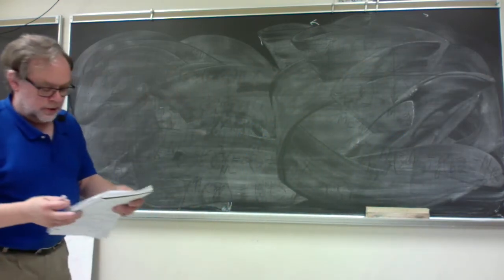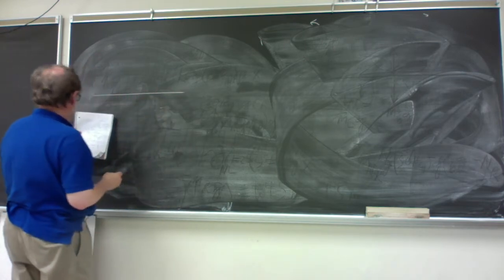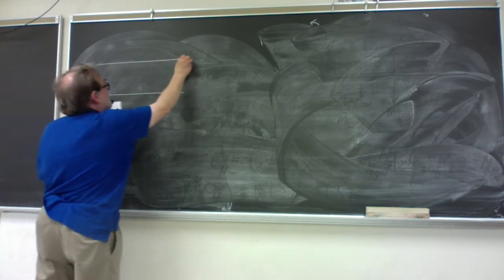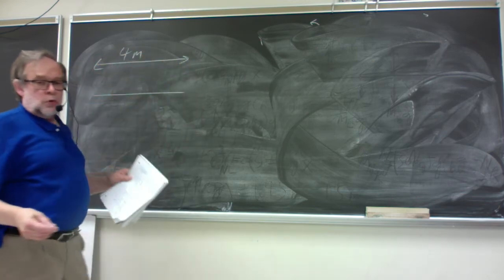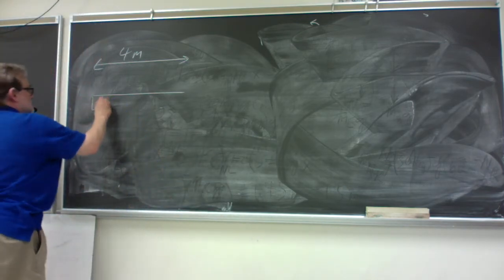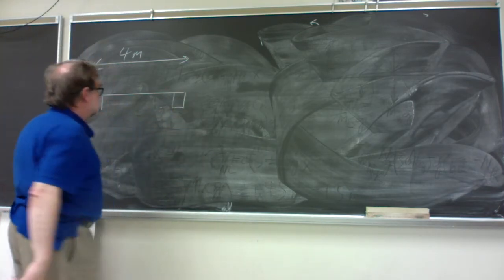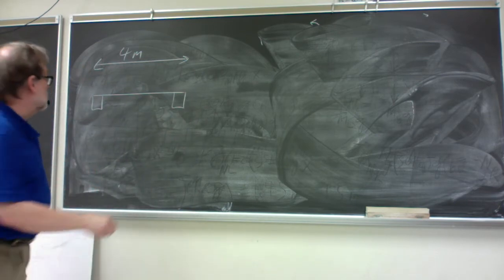Similar to the last one, just a little bit more complicated. Let's imagine a big board that is 4 meters long, and it's supported by concrete blocks on the two ends. The board has some mass, 20 kilograms.